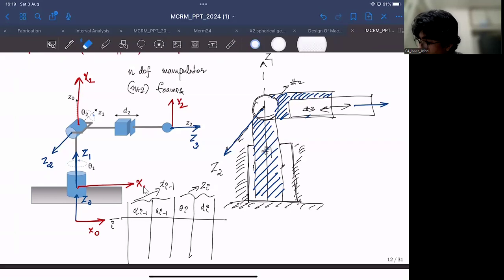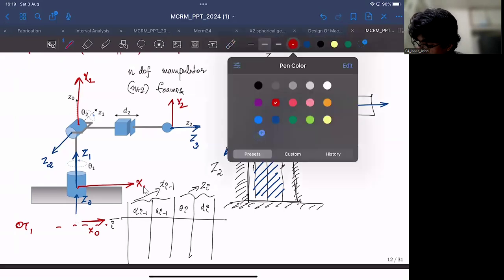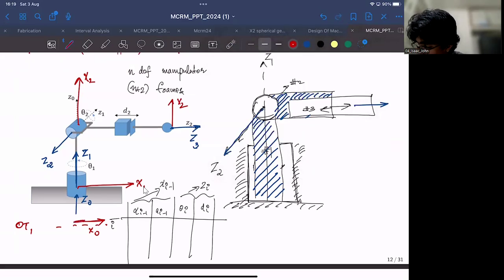The first row corresponds to the transformation I labeled here 0T1, right? And you can consider the 0th frame and the first frame to be coincident, because you can always fix the ground frame wherever you want. It does not make any difference. I'll label this to be coincident.